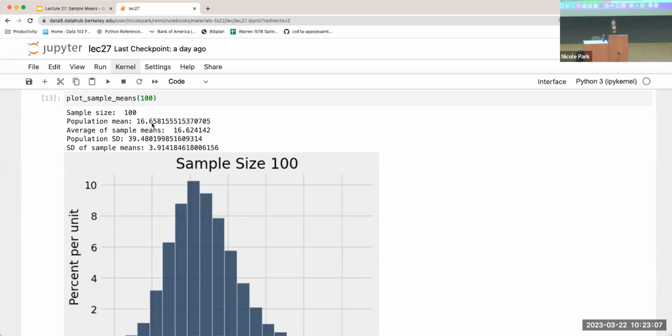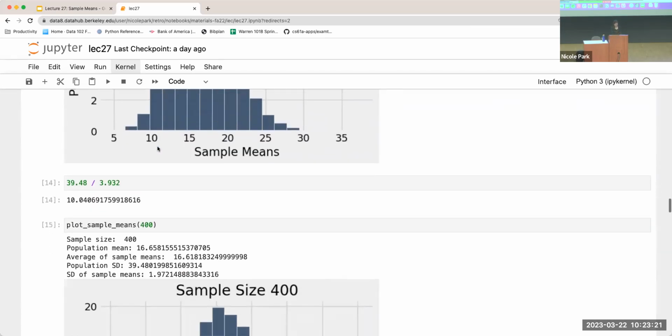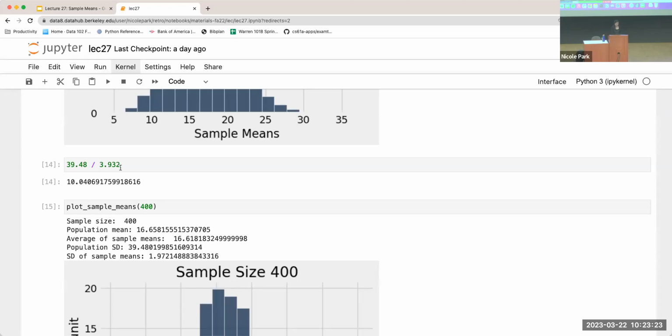So it's not exactly centered at the population mean, but it is kind of close. You'll also notice that the population standard deviation is about 39.5, and here it's about 3.9. There's some relationship there. We'll go over that in a little bit. So 39.48 divided by 3.932 gives you about 10.04.